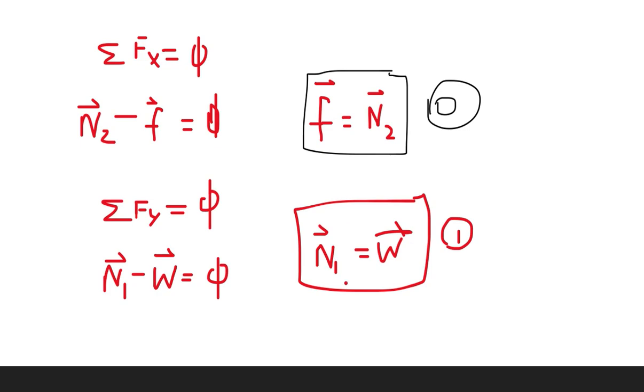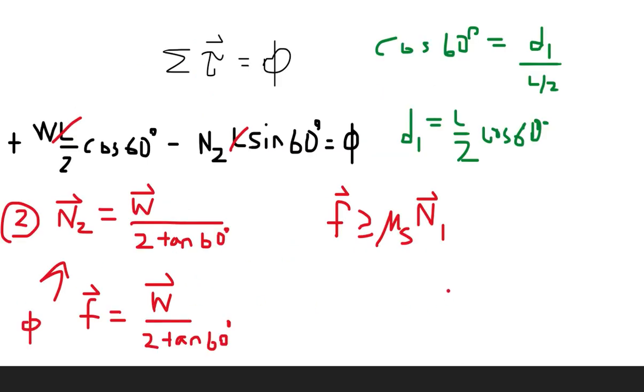N1, we know from equation 1, is just the weight. So let's substitute in equation 1 here. And now we have the friction force must be greater than or equal to mu s times the weight.